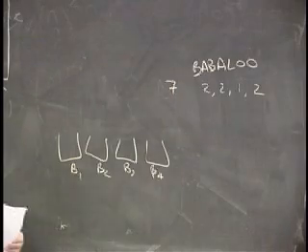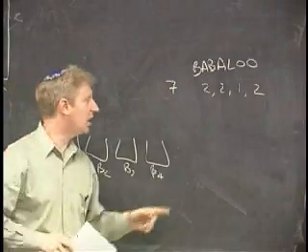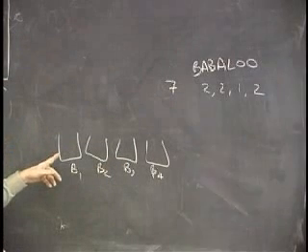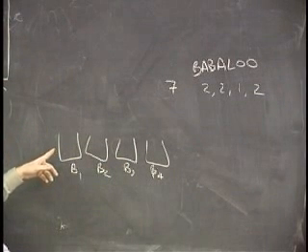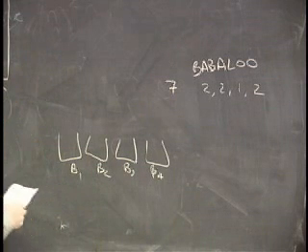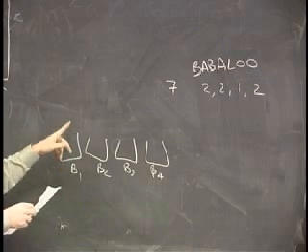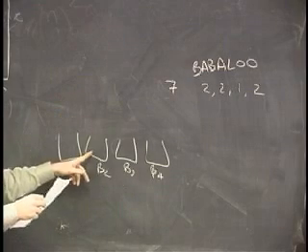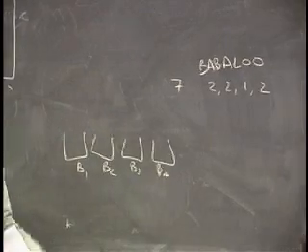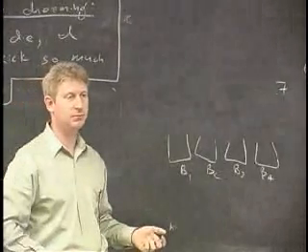And I wanted to ask you, how many different ways are there to take these letters and throw them in these boxes where I insist you have to have 2 in this box, and 2 in this box, and 2 in this box, and 1 in this box? It seems at first like that might be a different problem.